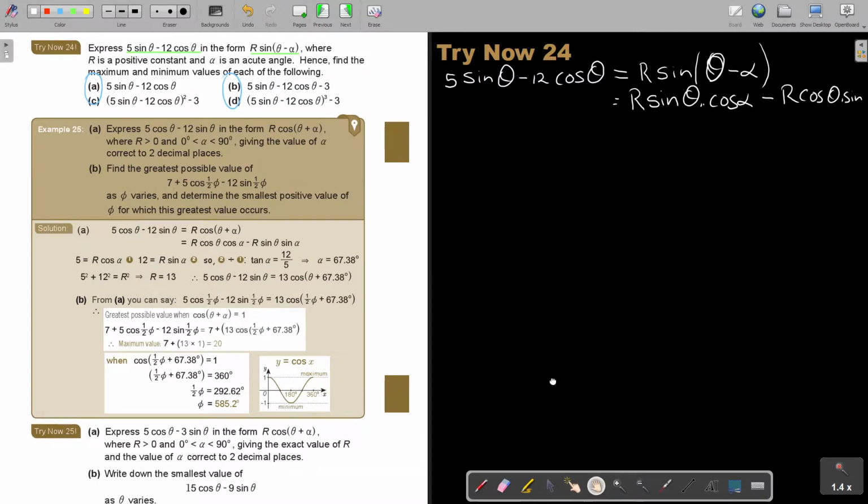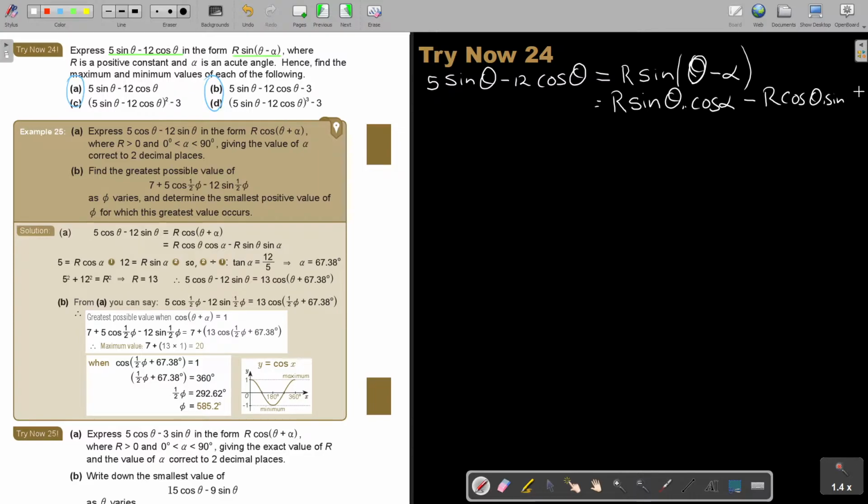Okay, and now don't forget that there. So my two equations, it's just good always to start with that at least. So it's going to be 5 equals r cos alpha, that's equation 1. The other one is 12 equals r sin alpha, that's equation 2.